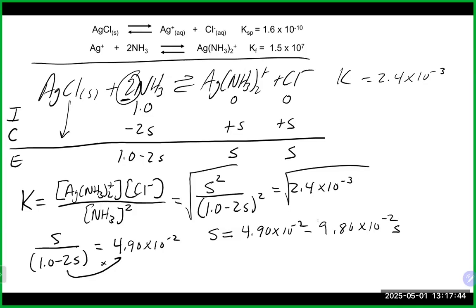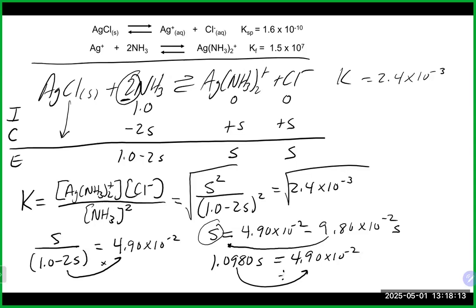We're going to combine our S's, so I'm going to bring my S back over this way. Once again, kind of like what we did in our buffer calculation, that is a 1, right? So we're basically going to take that plus 1, and that's going to give us 1.098 S equals 4.90 times 10 to the minus 2.